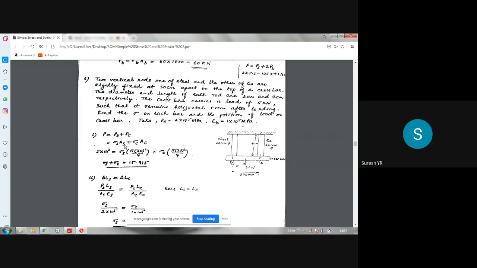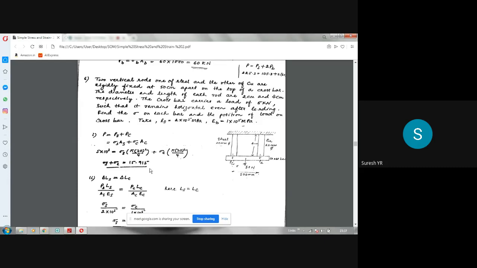Stress multiplied by area gives the force. So sigma S into area of steel, which is pi into 20 square by 4, since the diameter of the bar is 20, plus sigma C into the same area, since the same diameter is given. So the area remains the same. If you simplify this, you will get sigma S plus sigma C is equal to 15.915.